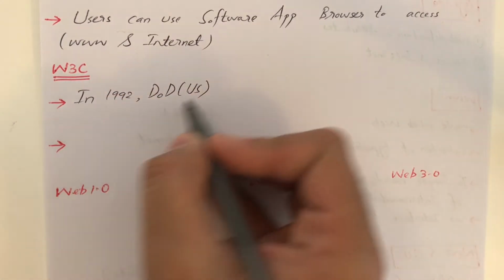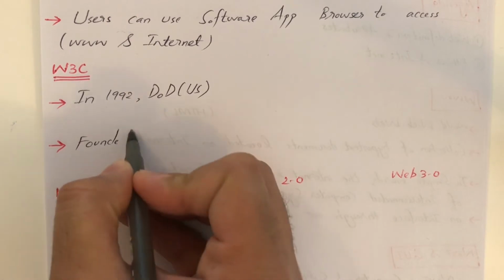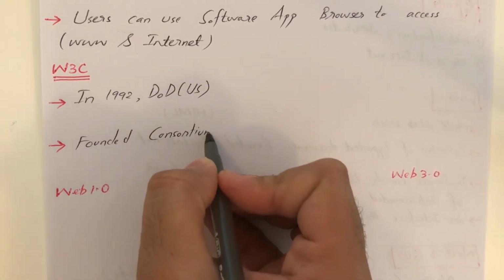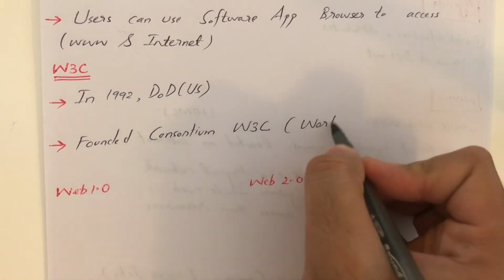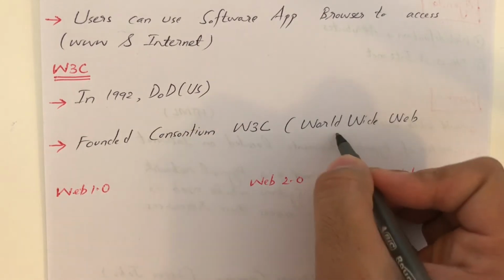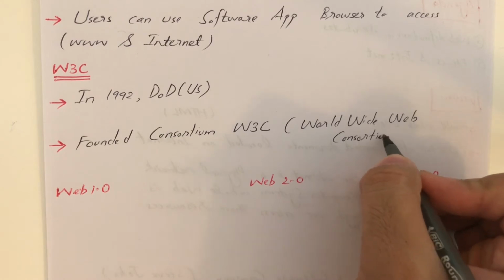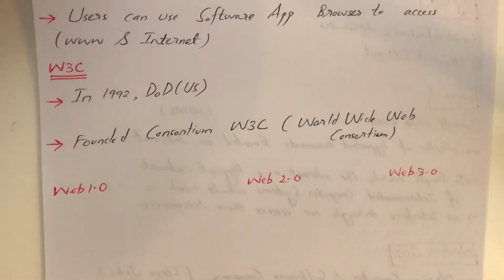So Tim Berners founded a consortium called W3C, World Wide Web Consortium, where they invited people across the globe to resolve the issue of consistency, and started working on developing the internet protocols.